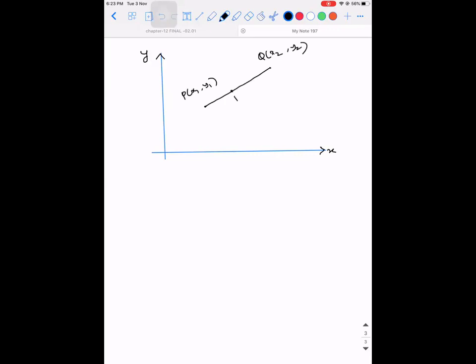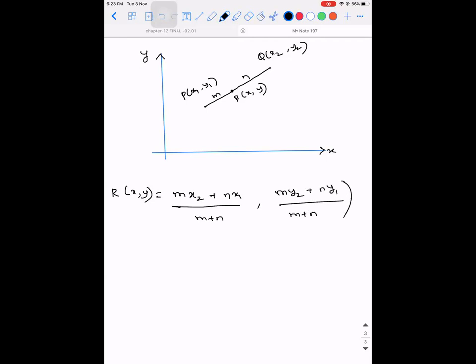If I take a point R (x, y) which divides the segment between these 2 points in the ratio m is to n, then what are the coordinates of point R? Do you guys remember the formula? It is (m x2 + n x1) by (m + n). Similarly, y is (m y2 + n y1) divided by (m + n).